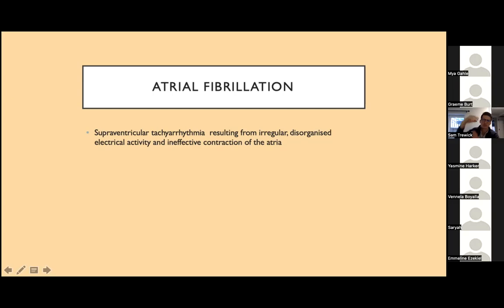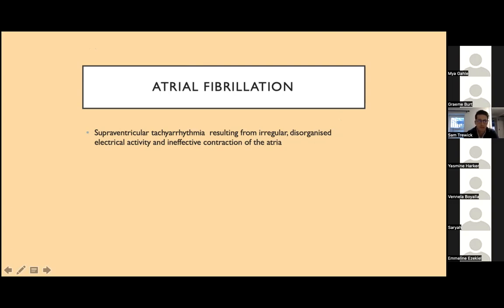On ECGs, I was wondering, and please feel free to put it in the chat, what you're looking for in an ECG that diagnoses AF. Any ideas? Yeah, absence of P waves. Anything else? Irregular. Yeah.